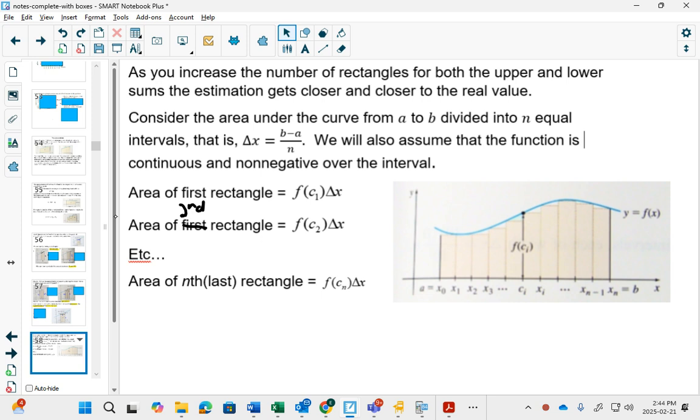If you wanted 10 sections, you divide by 10, and they would all be equal size. If you wanted n sections, you would divide it by n, and that would tell you that the amount that you're changing each time is whatever the total distance was, B minus A, divided by how many sections you want. B minus A divided by n.